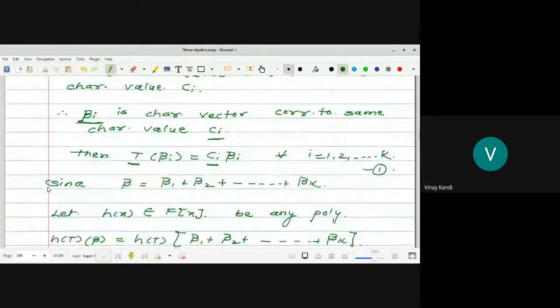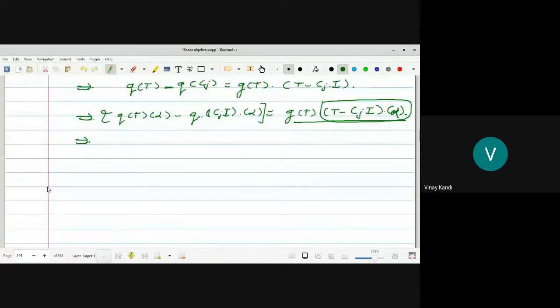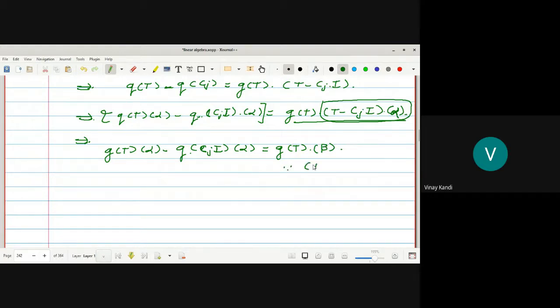Okay, so here we get g of t of alpha minus q of cj into I of alpha is equal to g of t, this operator on beta. Why? Since t minus cj into I of alpha is equal to beta. Any doubt over here?